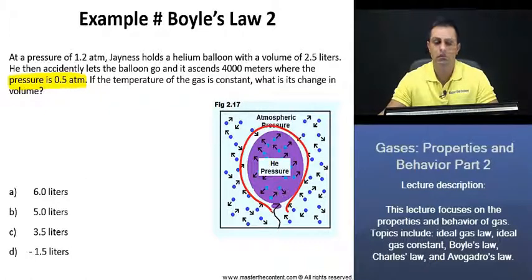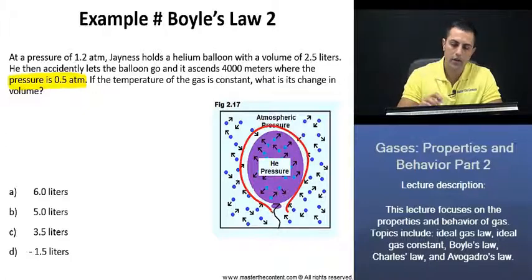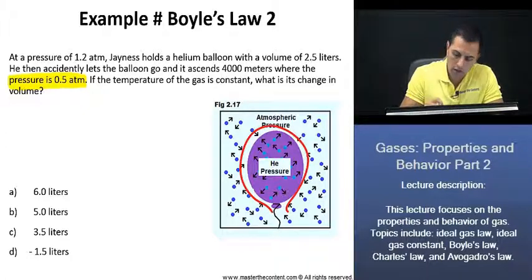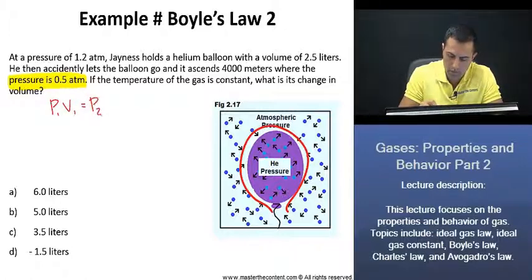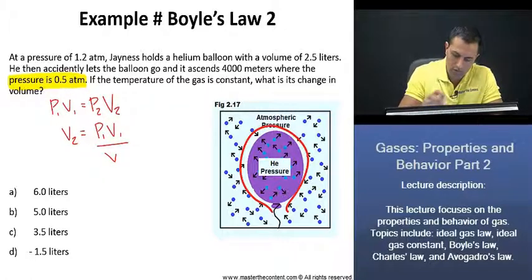Let's take a look now, and we'll use Boyle's law to find out if our assumption here is correct. We'll begin with our equation as follows. P1 V1 equals P2 V2, and we're looking for V2, right? Thus, our equation becomes as follows. Excuse me, that should be P2 there.